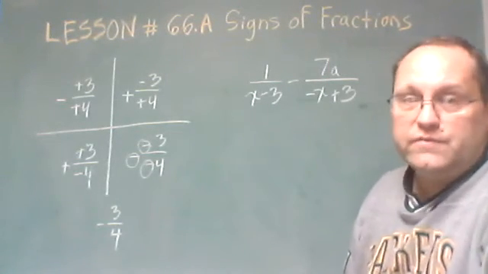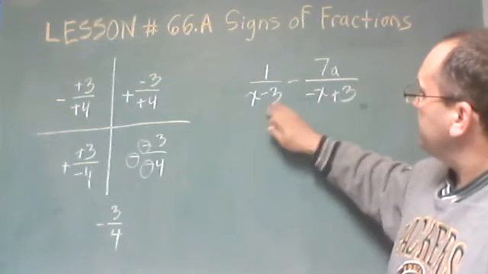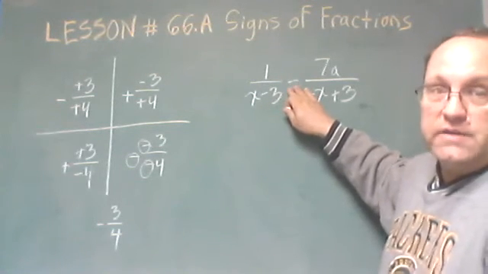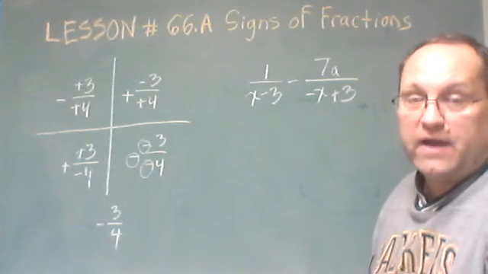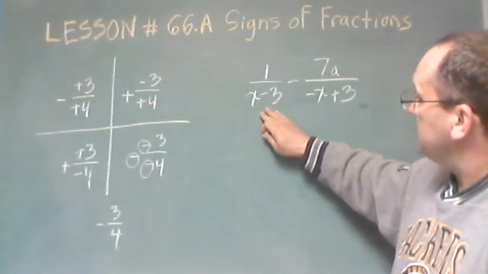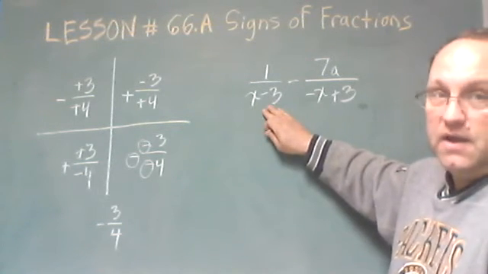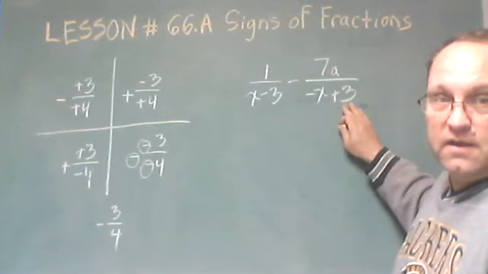Now, why is this important? Why do we use this method? In case we get into a situation like this, we're going to subtract two fractions. In order to subtract fractions, they need to have a common denominator. Well, we notice we have an x minus 3, and we have a minus x plus 3.